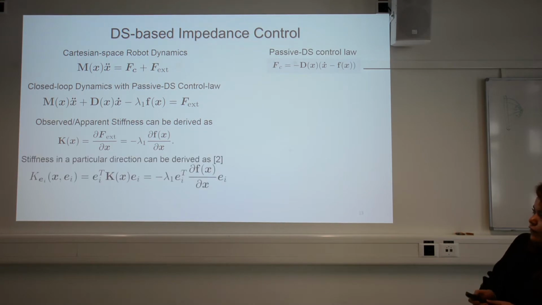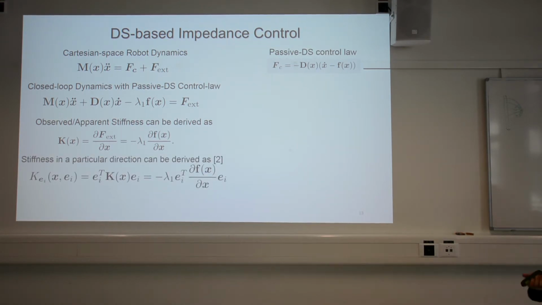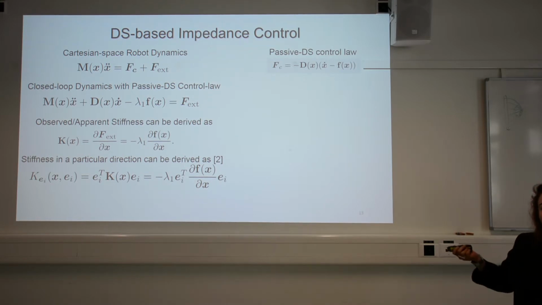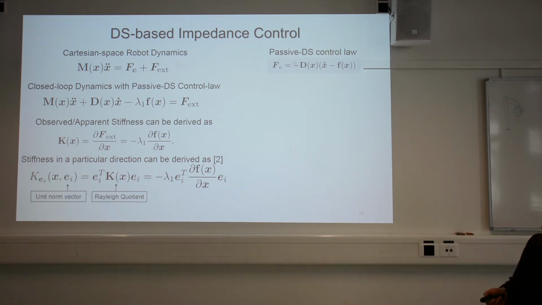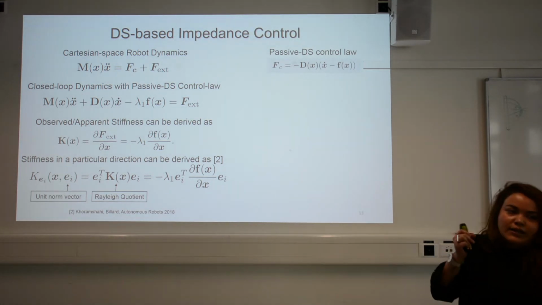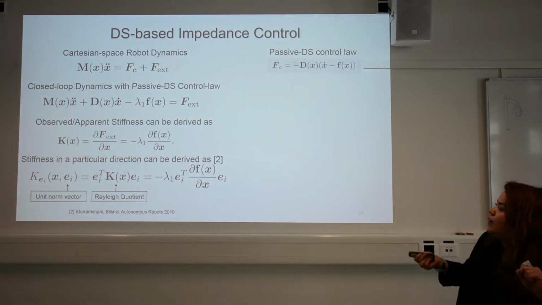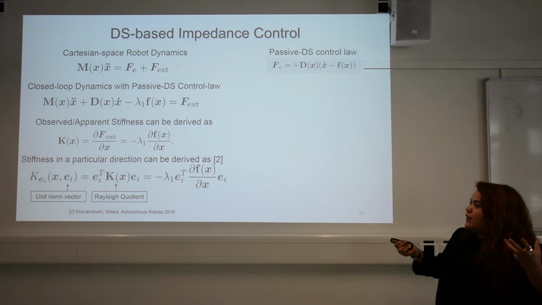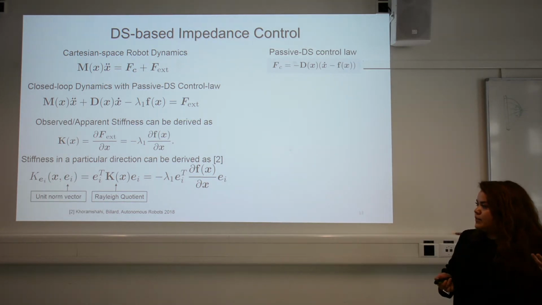If we want a representation of our stiffness, like the ellipse representation we have for the damping matrix, we can derive it by evaluating the stiffness along a unit norm using the Rayleigh quotient. It's basically extracting a direction with respect to the matrix we get, which is the Jacobian of the dynamical system.